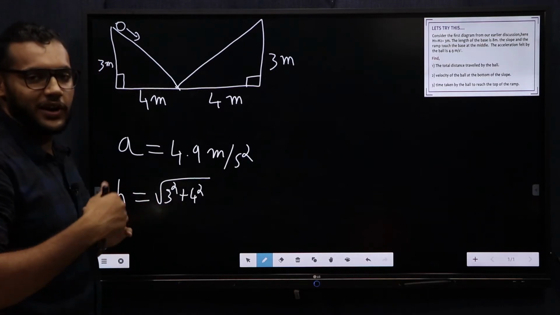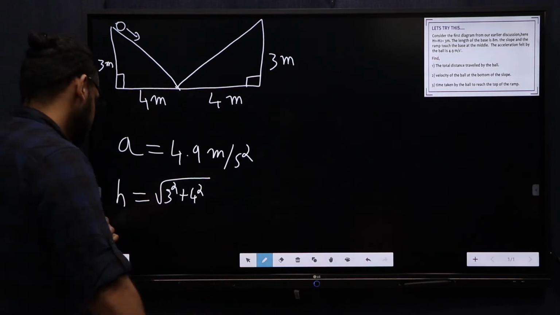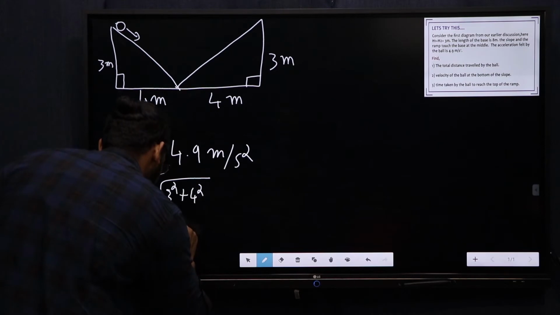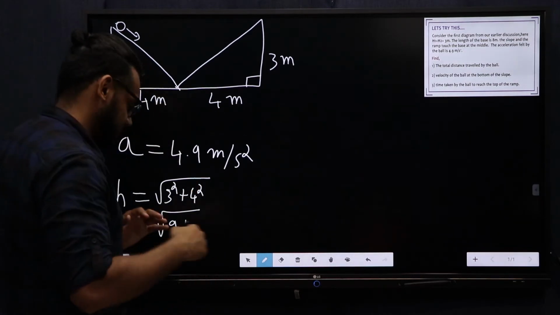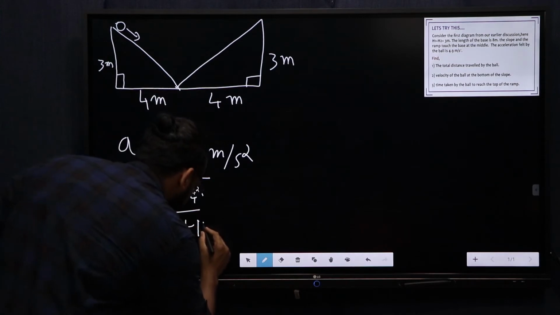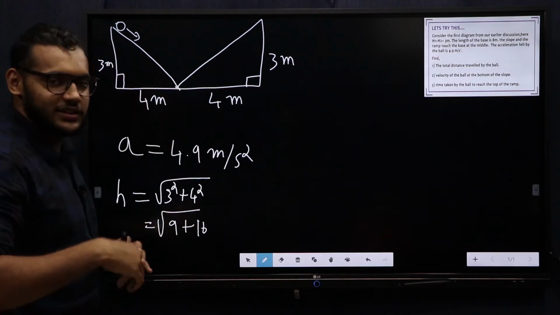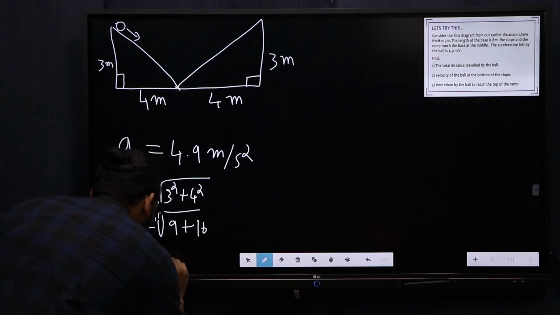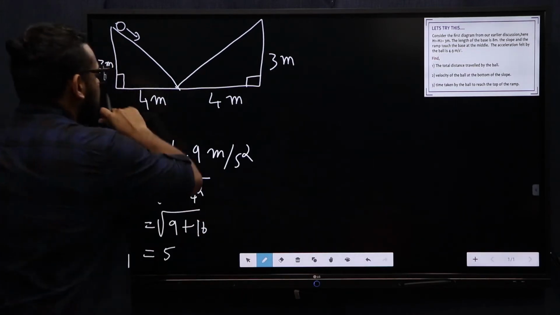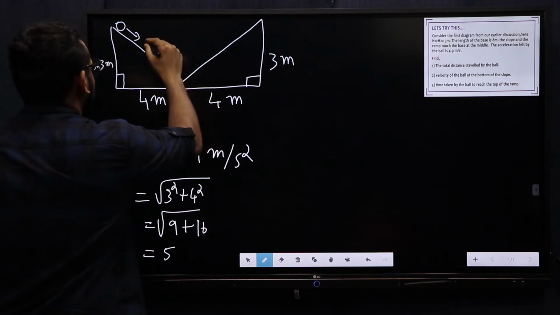Now, what is 3 square? Anyone? Yes, it's 9. So that's root of 9 plus 4 square, which is 16. Therefore, 9 plus 16 is 25. And we all know the root of 25 is 5. So we found that this length is 5 meters.